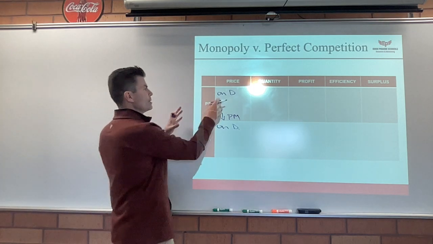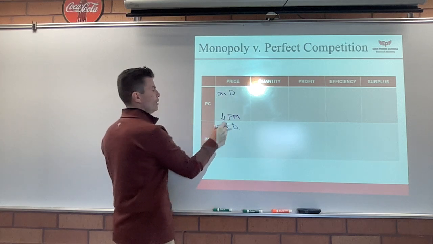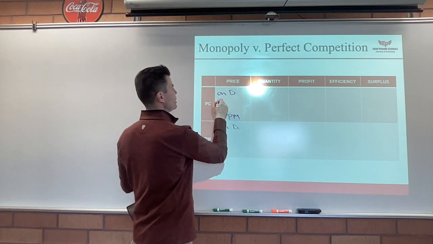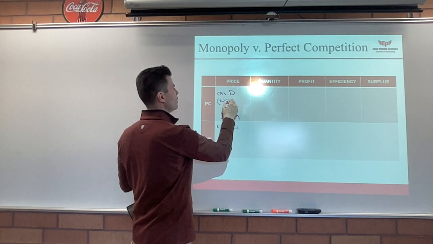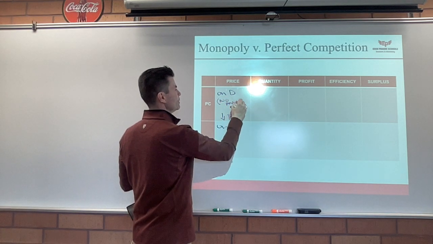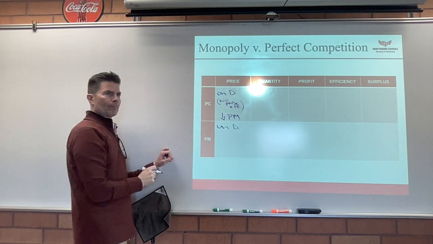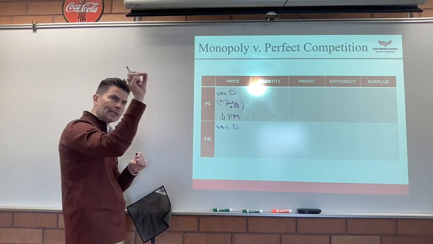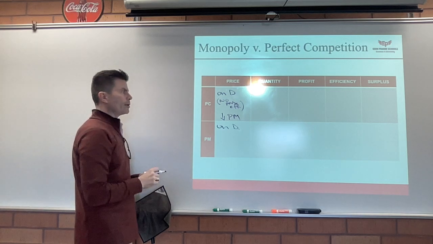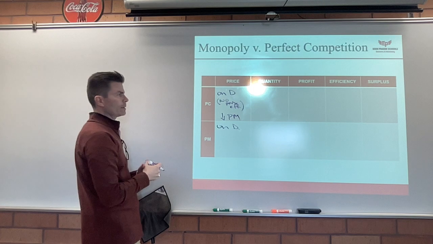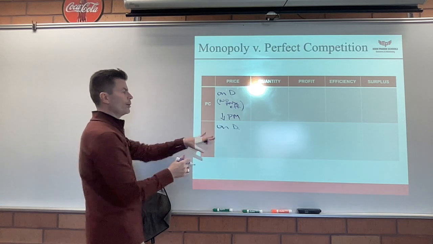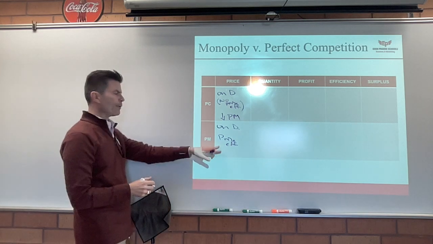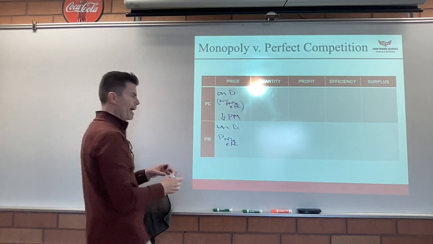The reason this has a lower price than your pure monopoly is because here there is no price effect. When there's no price effect, your price is further down that demand curve because you produce where demand equals marginal cost. And here you have the price effect, and so you end up charging higher on the demand curve.